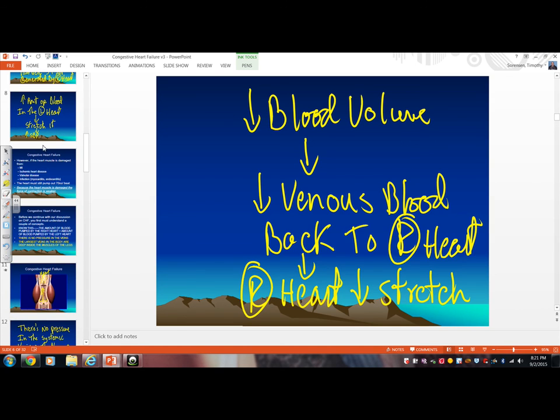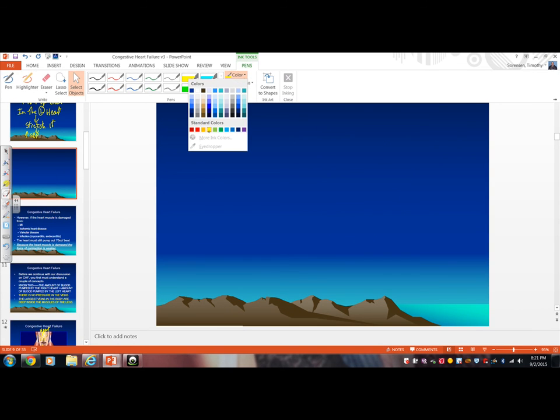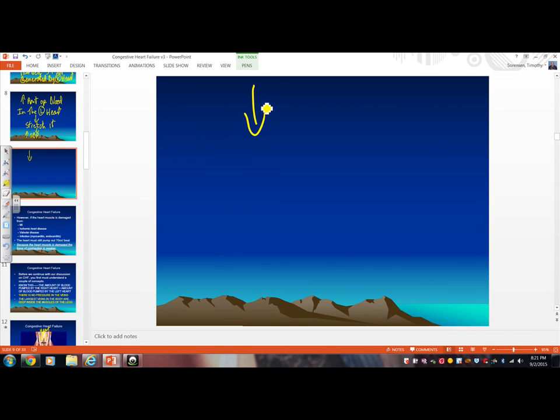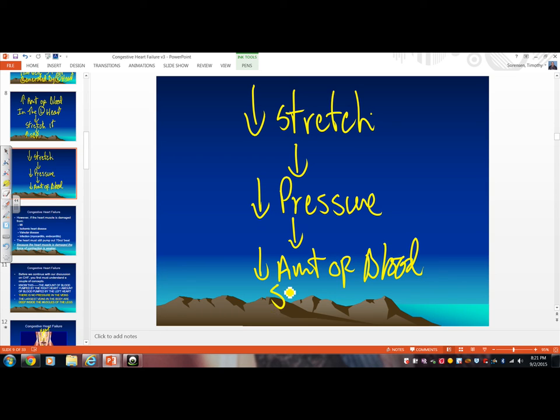If you decrease the stretch of the right heart, decreased stretch leads to decreased pressure and a decreased amount of blood sent to the lungs.